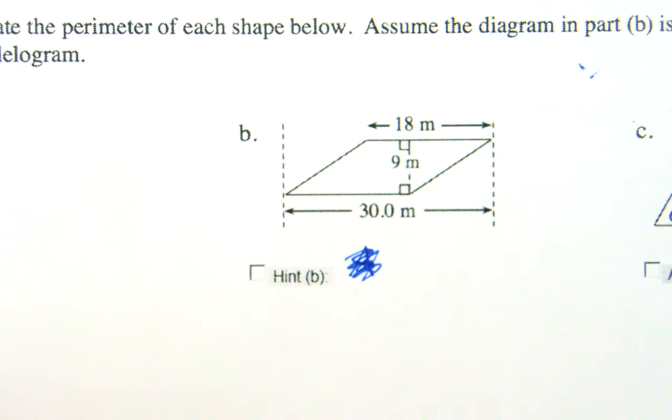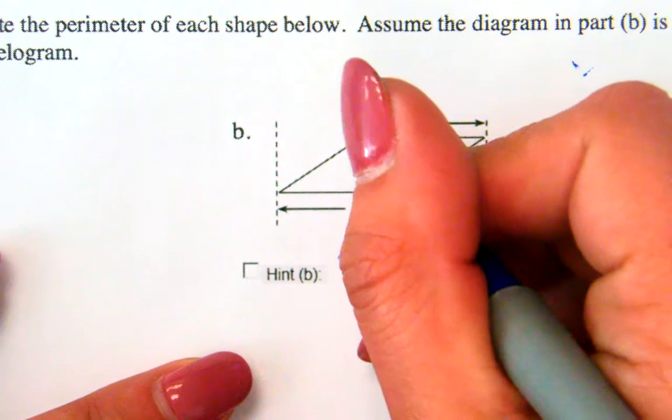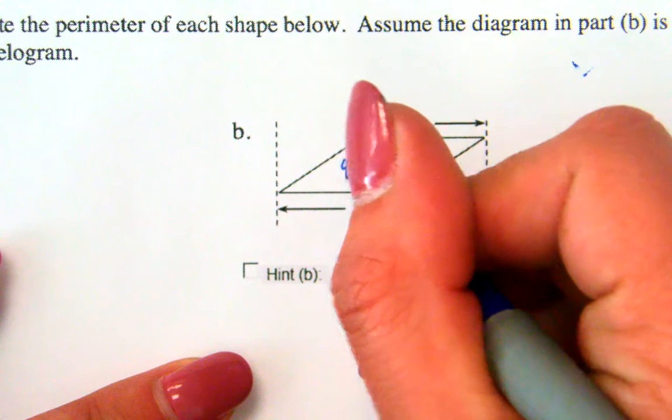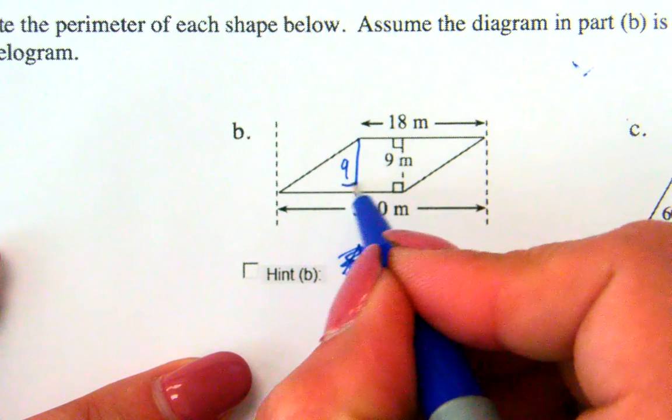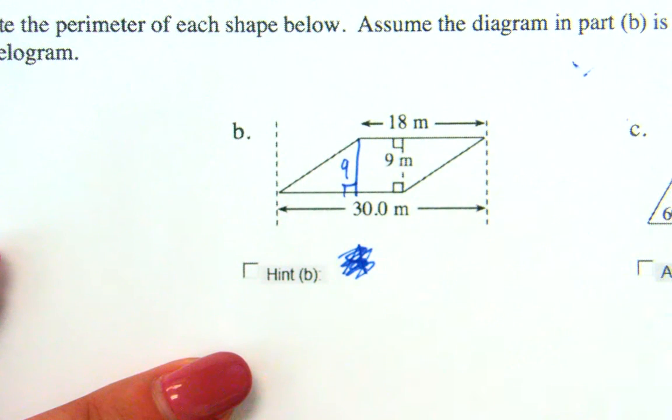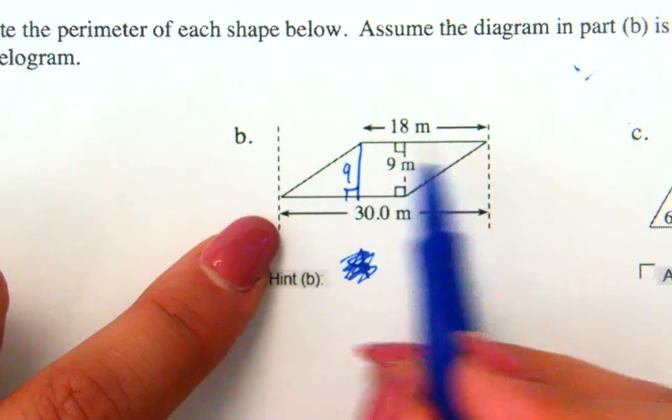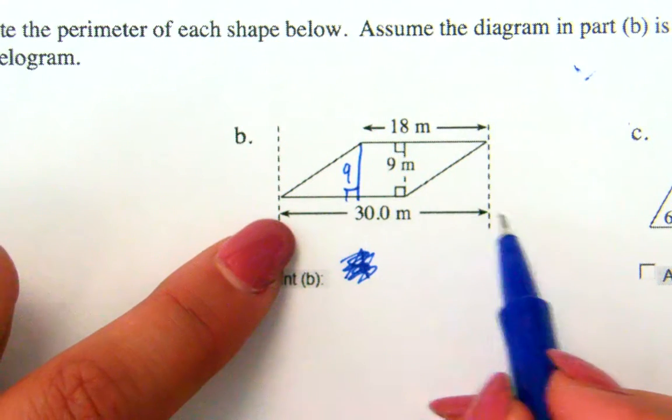Let's see. That part's 9. Oh, well, this part's 9. I know that. Because it has to be. Oh, it's 18 from here to here. Okay, that makes more sense now. So the whole thing is 30.